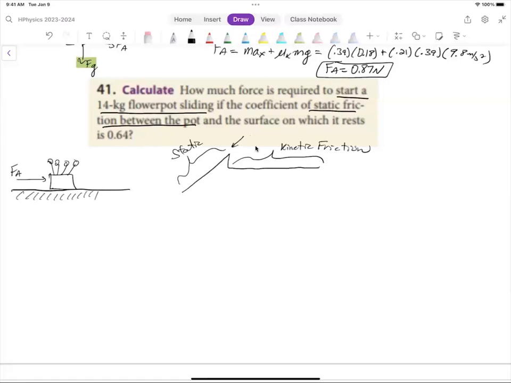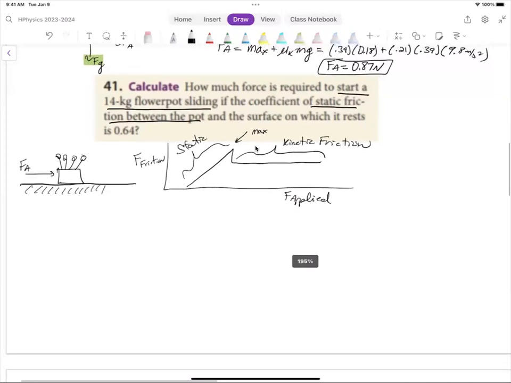And this is where I hit my maximum. Okay, this is the force applied versus the force of friction versus force applied.